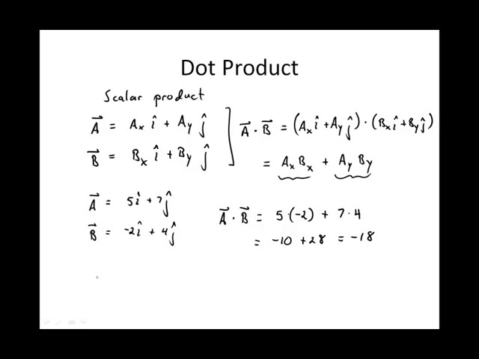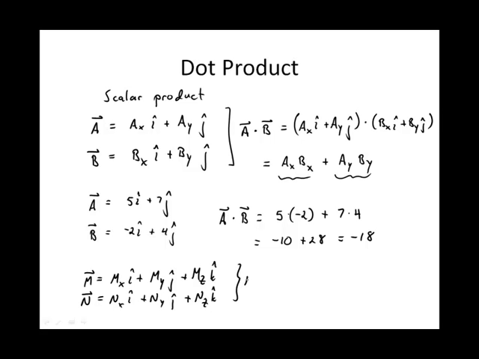And I could do the same thing in 3 dimensions if I had M as a vector, and that would be M sub x in the i plus M sub y in the j plus M sub z in the k direction. And maybe I have a vector N, that would be N sub x in the i plus N sub y in the j plus N sub z in the k.